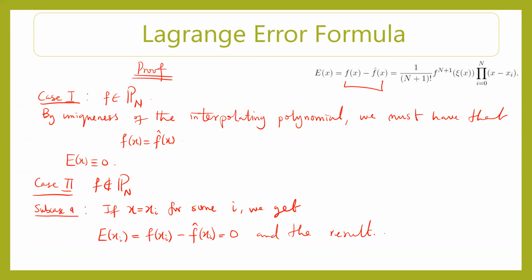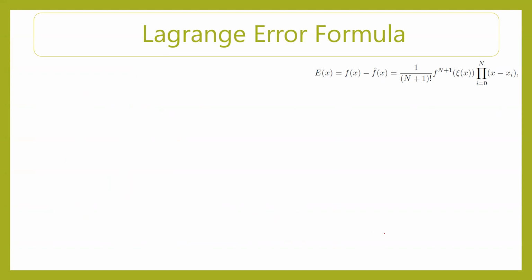Now, let's go to subcase B, where x is not the same as xi for every i. So subcase B, x is different from xi for each i. Okay? Let's keep that.